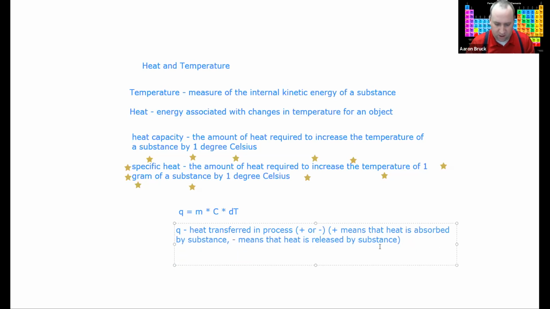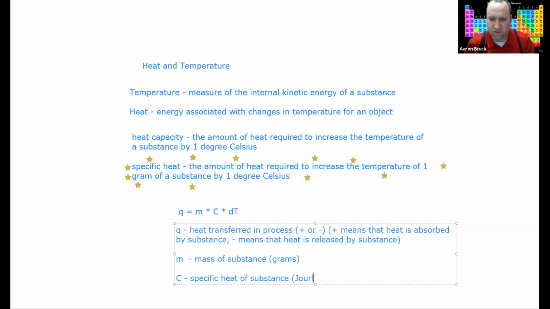So that's Q. M is the mass of the substance itself. So here's where we account for different amounts of substances. C is the specific heat of the substance, and its unit is joules per gram per degree Celsius.